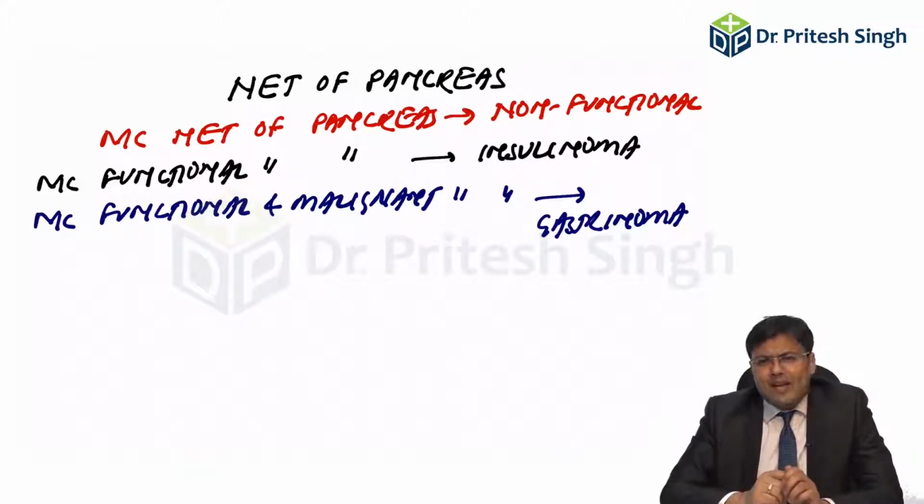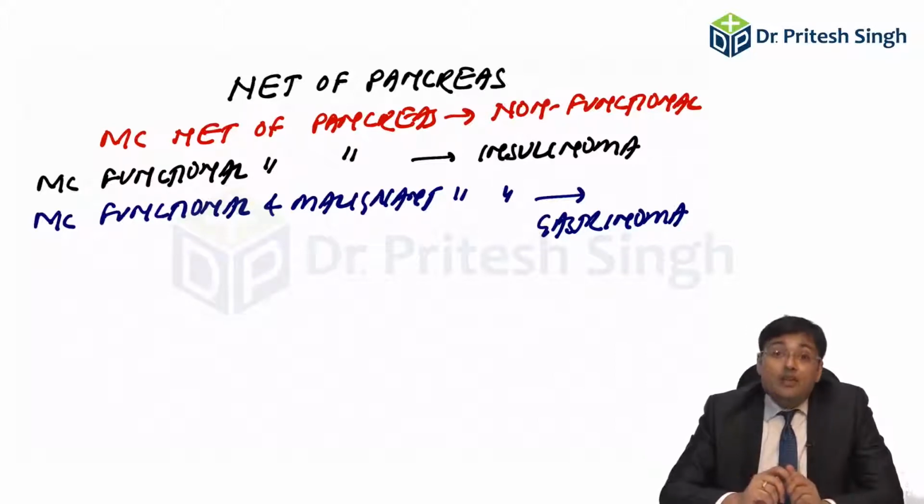Example, like insulinoma, it arises from beta islet cells. So if it is arising from beta islet cells, it is going to produce what? Insulin. So patient is symptomatic not because of mass, but because of production of insulin, because after production of insulin, patient is having signs and symptoms of hypoglycemia.